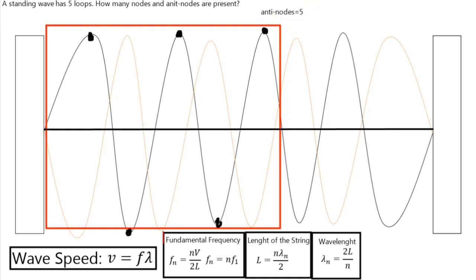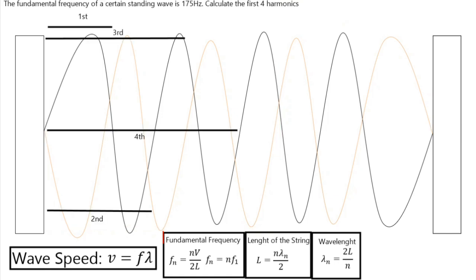So the nodes is basically antinodes plus 1. We can see it here. We got 1, 2, 3, 4, 5 here, and we also have 6. So that is the number of nodes. So it's going to be 6. So using the formula, we can just note that nodes is antinodes plus 1.